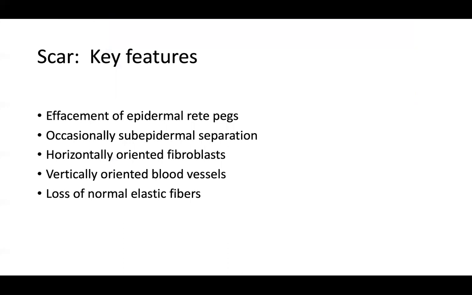Again, you're going to want to look for the effacement of the epidermal rete pegs, the occasional subepidermal separation. And again, why does the subepidermal split happen on a scar? That's because the epidermis does not have the normal anchoring proteins that would be present within the dermis. So for example, there's no type 7 collagen anymore at the basement membrane, and you often get the clefting that happens.